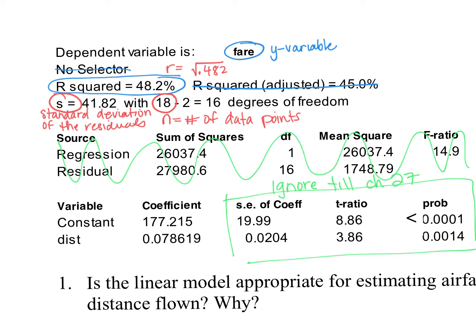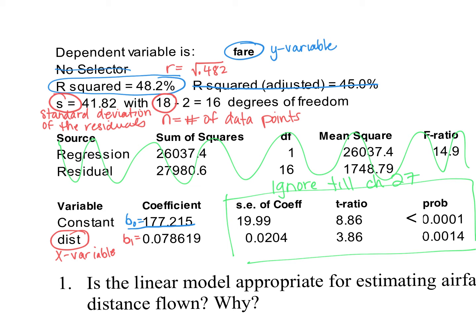And then the important information down here is this is your B naught and your B1, and this is your X variable. Gives us everything we need to write the equation. We don't have to do any calculations other than possibly calculating R.